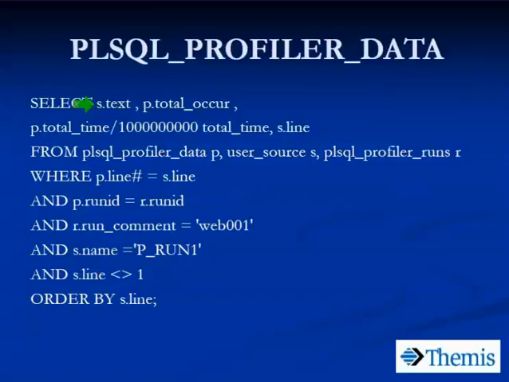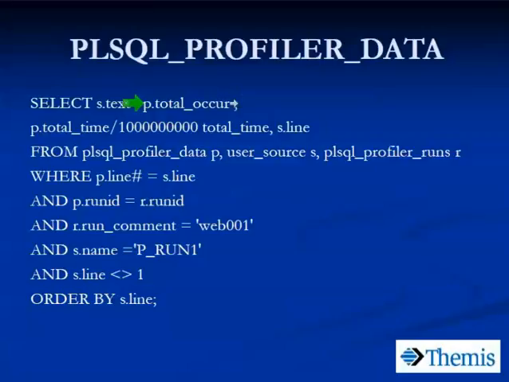So I'm getting the text, if you look up here at the top, and that's coming from USER_SOURCE. This next one is a really good statistic coming from the profiler data. The text is line by line of the program being executed, so the total occurrences is how often that line was executed. Did we just run this line of code once? Maybe it's inside a loop and it ran 1,000 times.